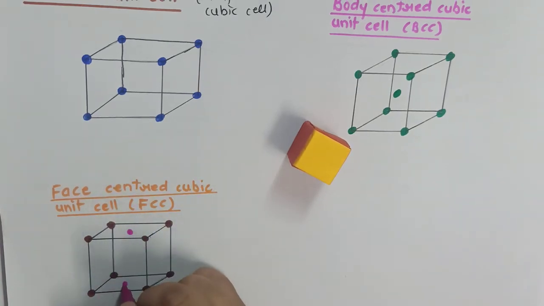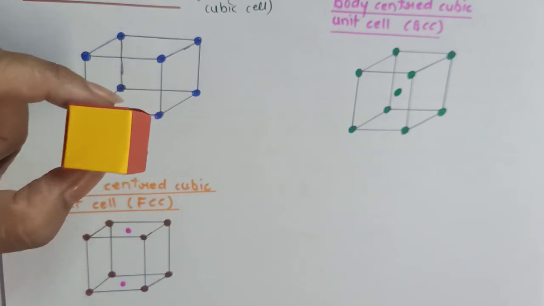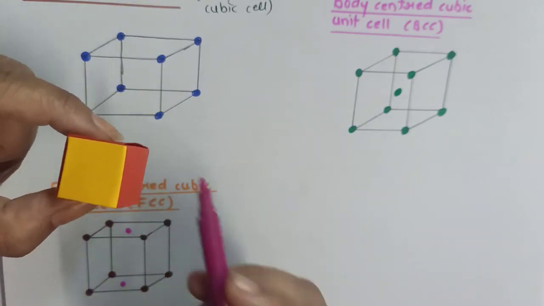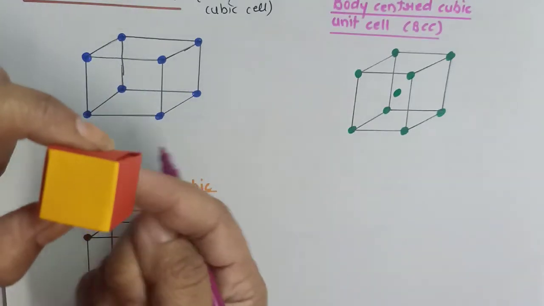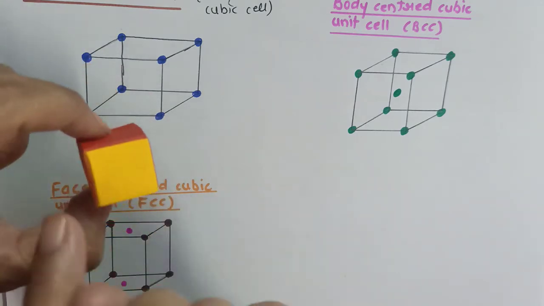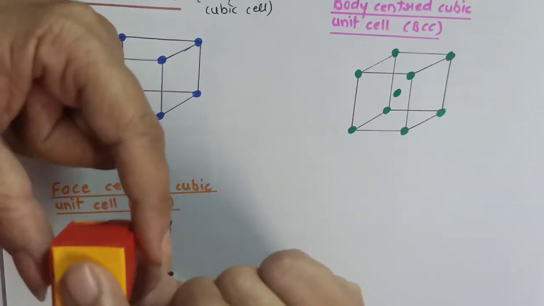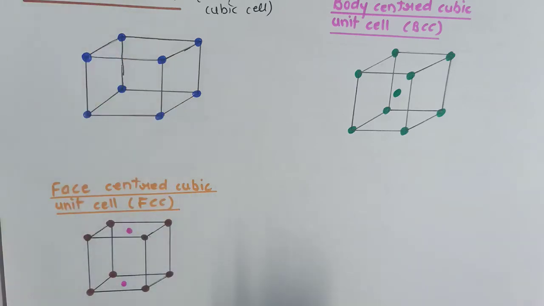For example, let us consider this cube as a face-centered cubic unit cell. 8 corners will be occupied by 8 constituent particles, and 2 more will occupy 2 opposite faces, 1, 2, then 3, 4, 5, 6. So opposite faces will be occupied by different constituent particles.